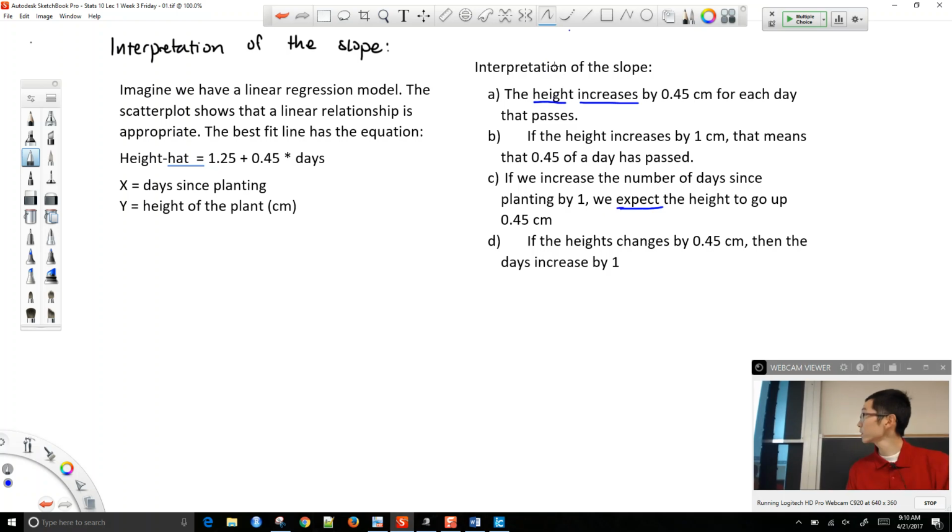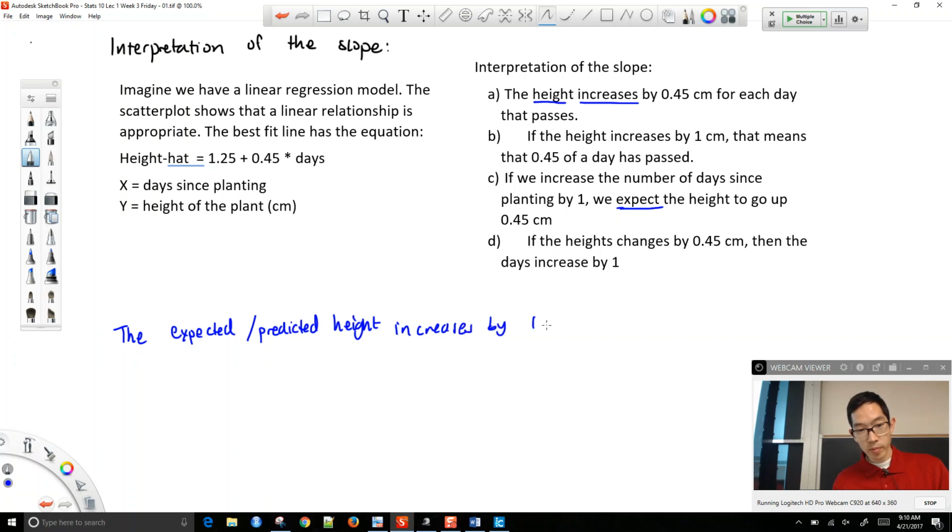If A had said the expected height or the predicted height increases by 0.45 for each day that passes, that would be okay. But to say that the height actually increases by 0.45 centimeters each day is not a correct statement.